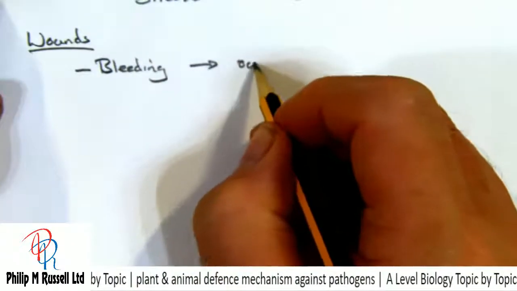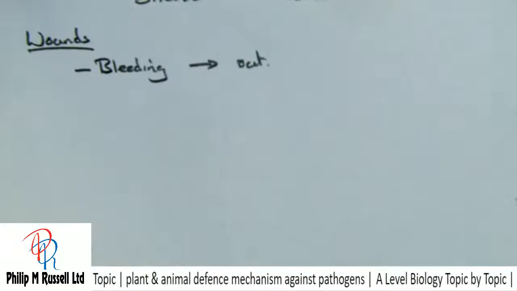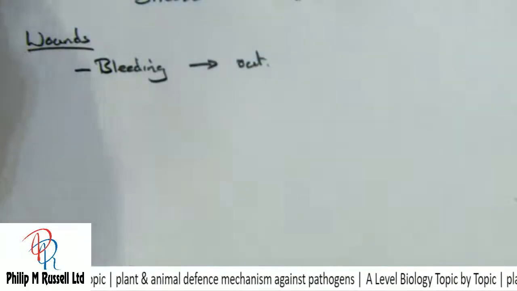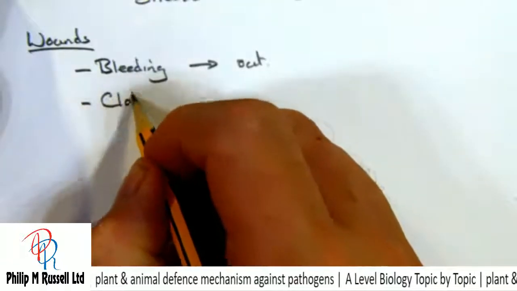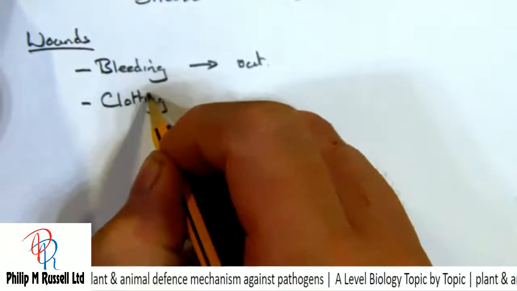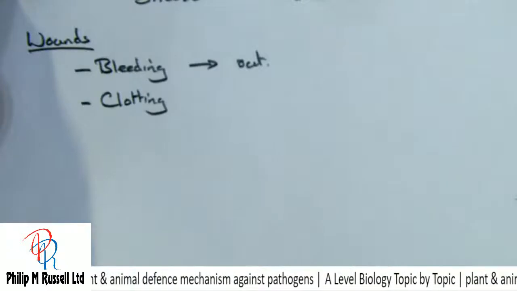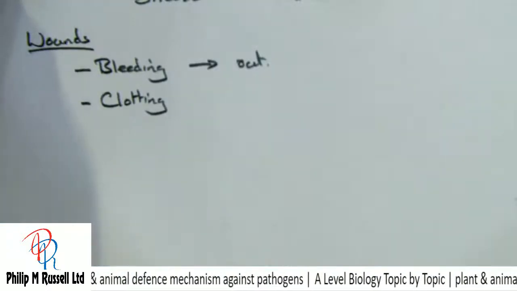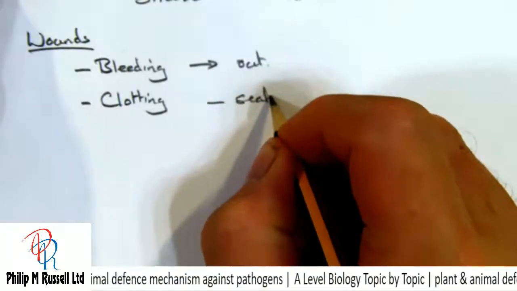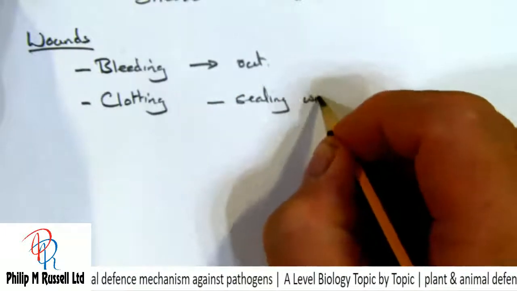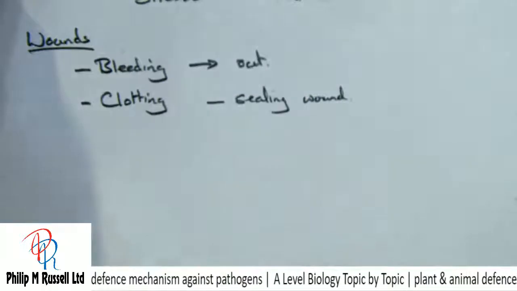Basically, if it's coming out, it's going to be hard for something to go in. And then immediately we have clotting. And this system of basically sealing the wound works very effectively.